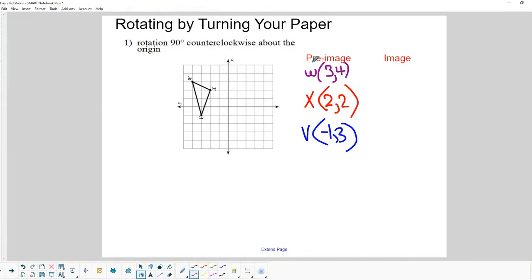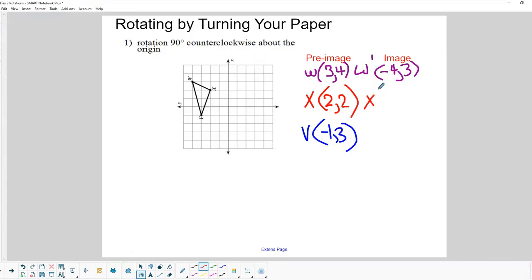Well, let's go to W. W is at negative 4, 3. That would be W prime, our new image. All right, how about X prime? Well, that would be negative 2 and 2.